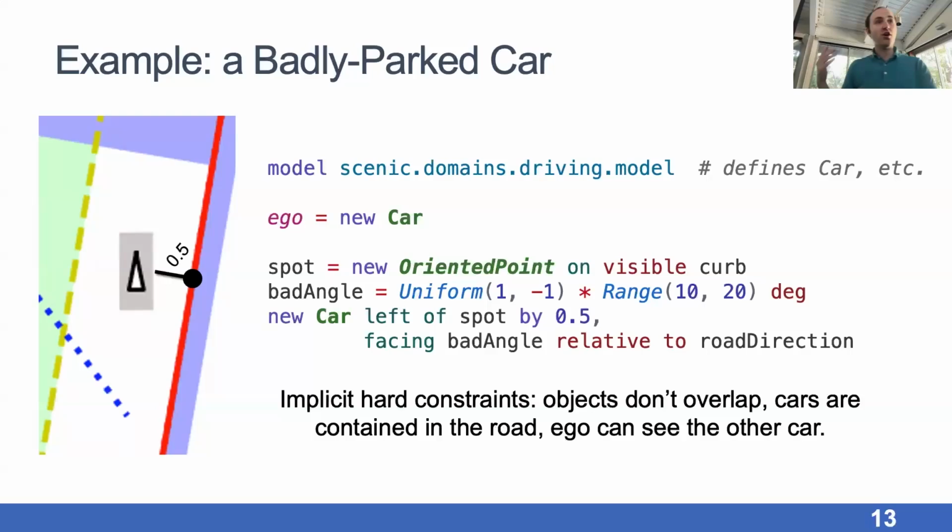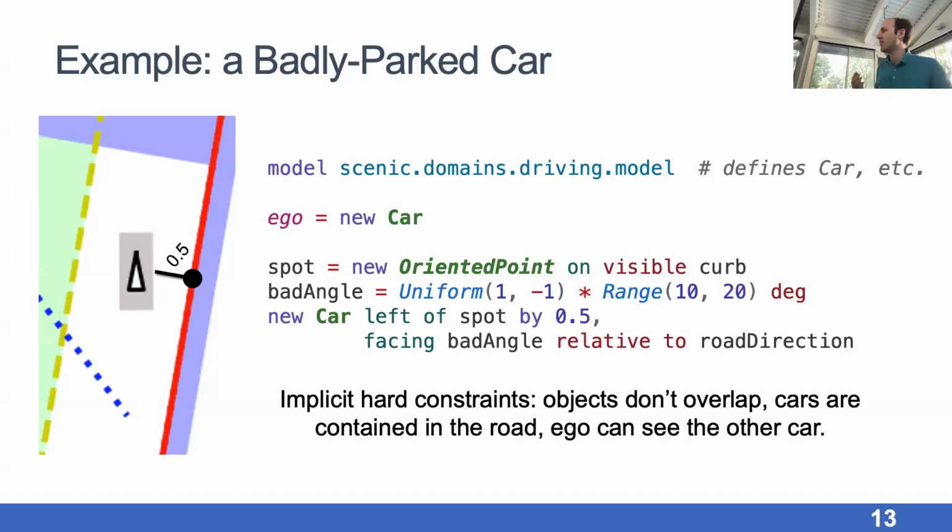Also, when we define the car class, we add some default requirements, namely that cars have to be contained in the road unless you explicitly say otherwise. So we won't accidentally, like if you imagine there was some road that was so narrow that this car would not fit, like it's a little tiny alleyway and this car is too wide for that, Scenic will not generate a scene where it tries to force the car into that alleyway.